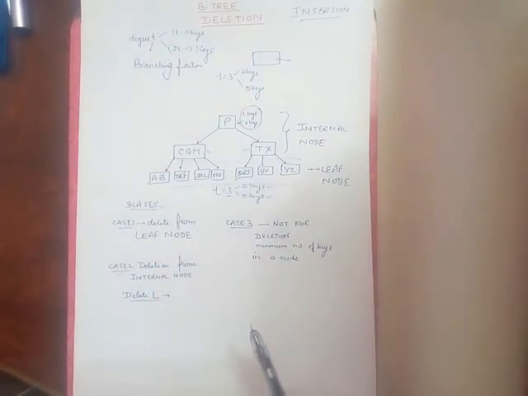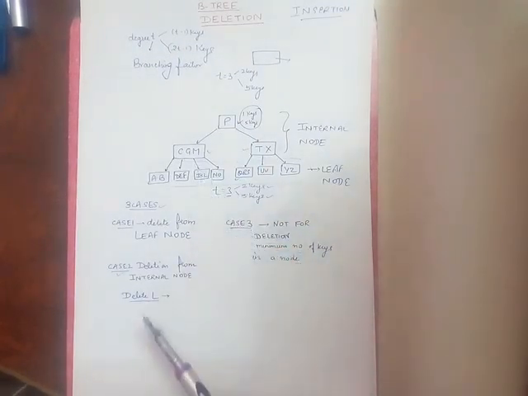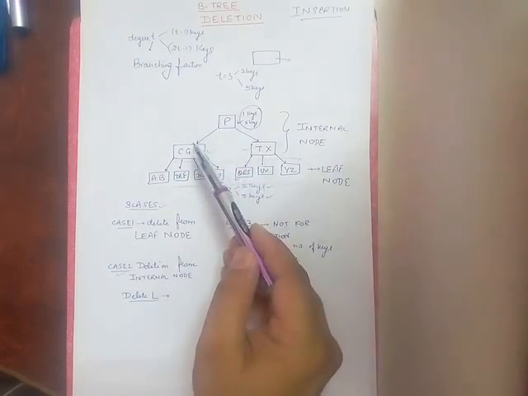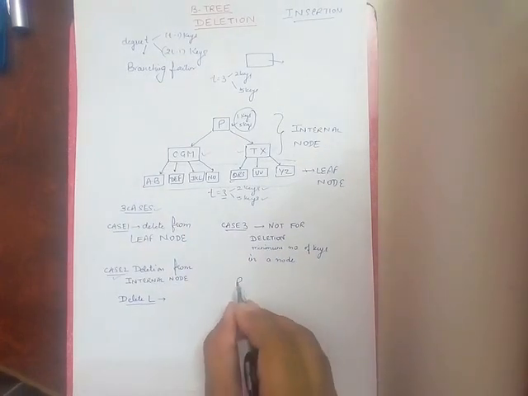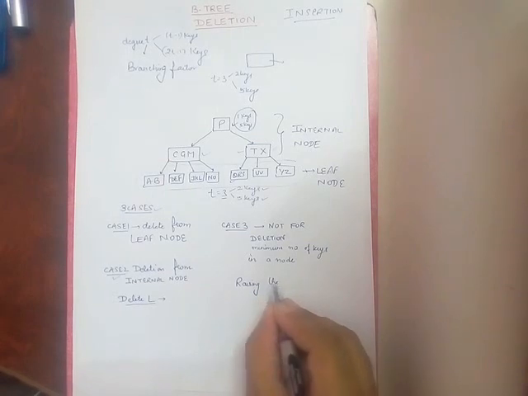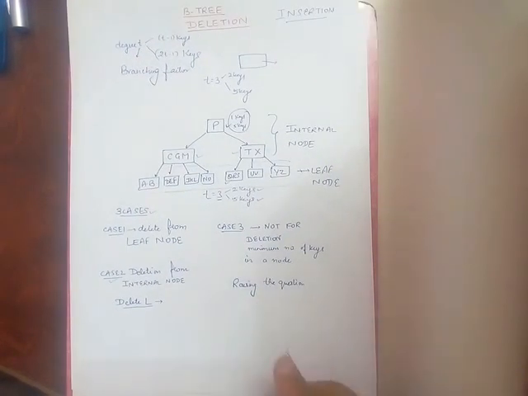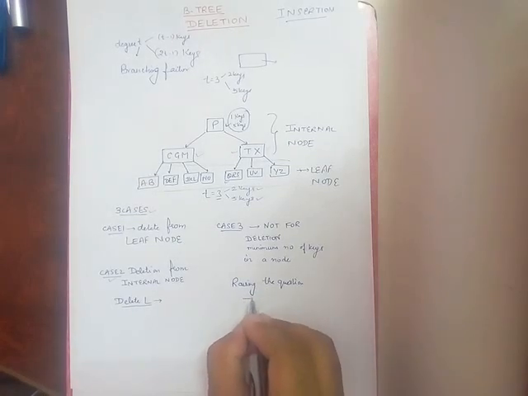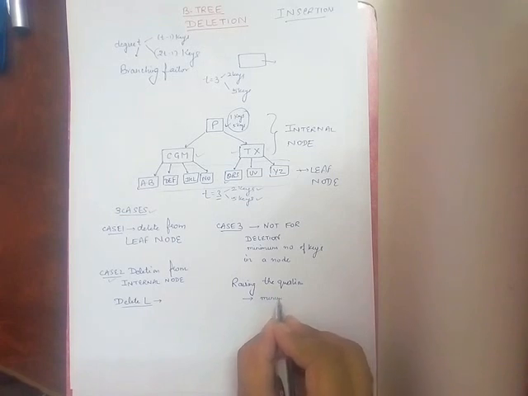The procedure starts like this: we move along the path where we have L, and when we move to any node in that path, first we raise the question whether that node has the minimum number of keys.